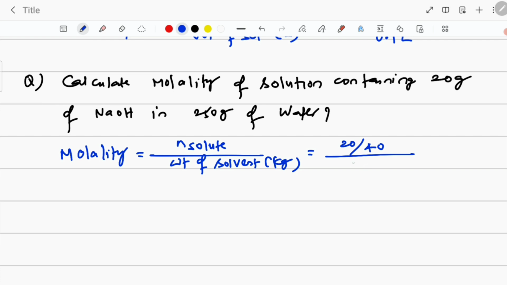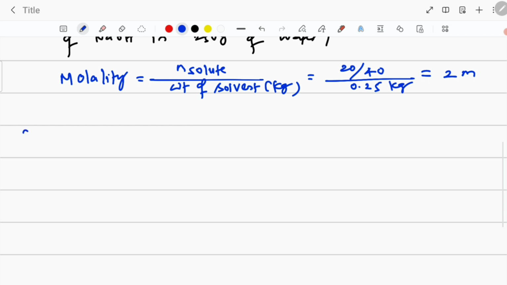So 20 by 40 here. 20 by 40, number of moles of solute, by weight of solvent in kg, which is 0.25 kg. Overall you are getting 2 small m, that is molal. You can write 2 mole per kg, or small m, 2m. So the main difference: volume of solution in molarity, here weight of solvent in kg. Underline the point: solvent weight we use in the denominator in molality.